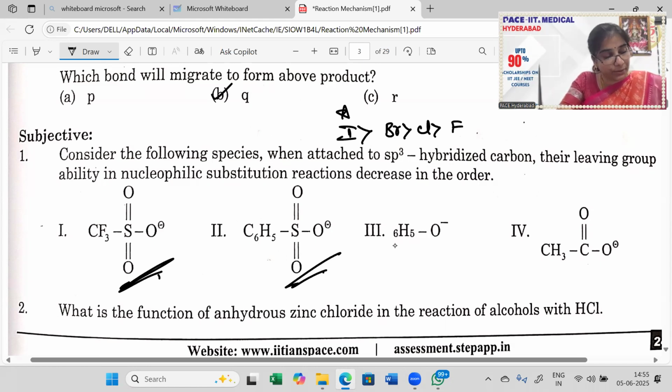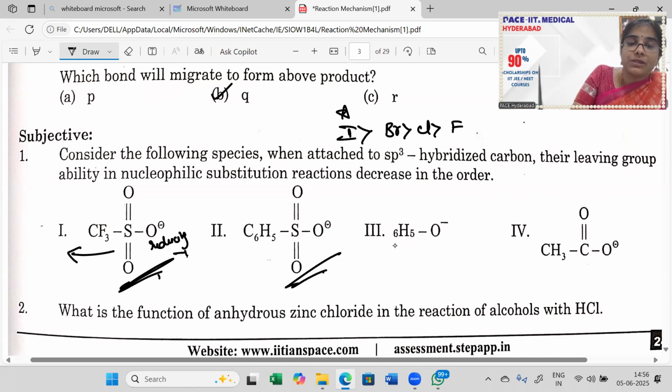CF3 is a very bulky group with 3 fluorines dragging the electrons of the oxygen, thereby reducing the negative charge here, right? And do I want to reduce the negative charge? Yes. So I want the best stabilized anion here, and also the best nucleophilic substitution ability.